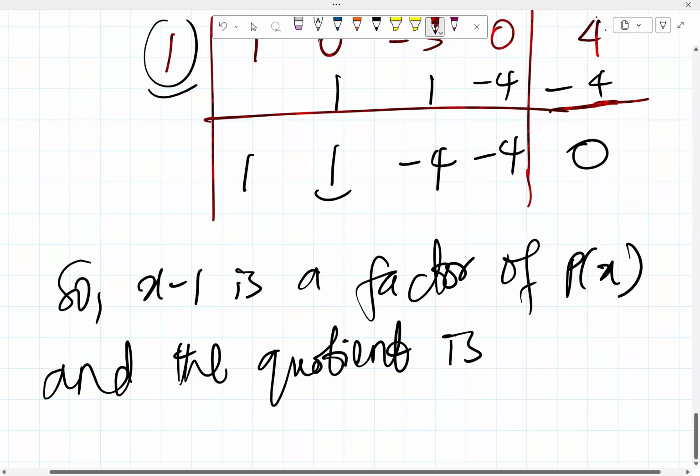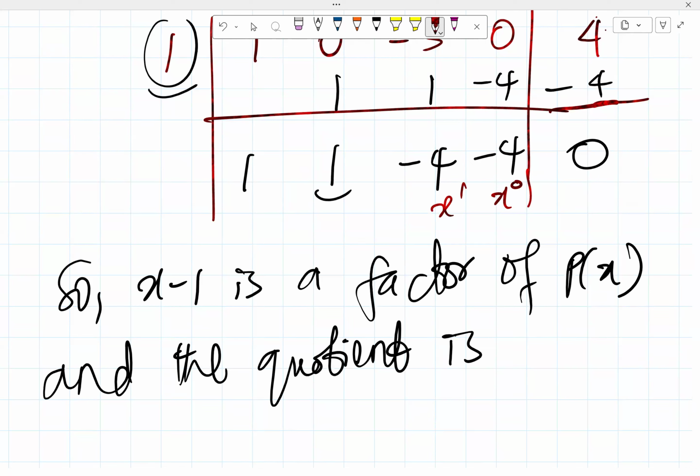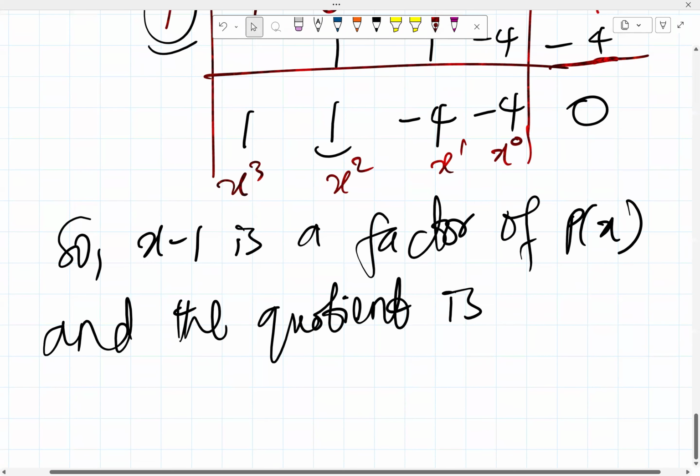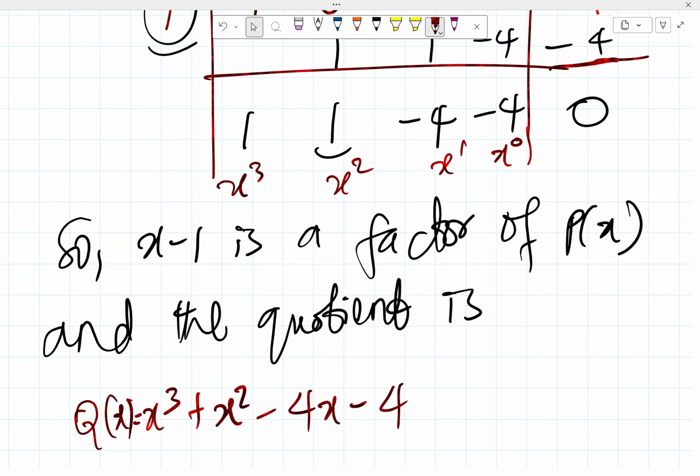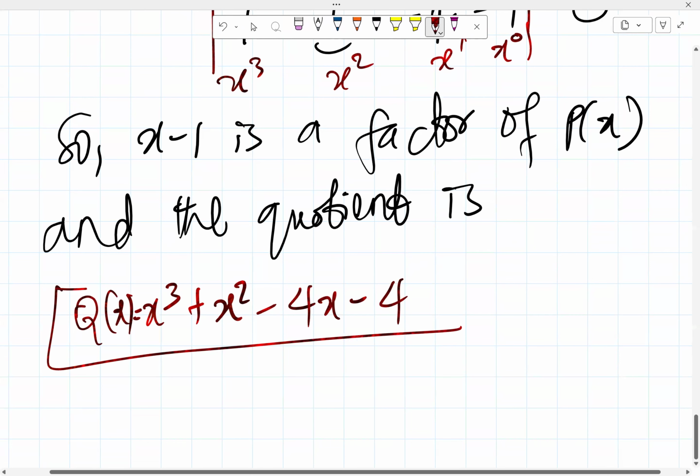So start from here. X raised power 0, x raised power 1, x raised power 2, x raised power 3. And the quotient, we can say that's q of x now, and q of x is x cubed plus x squared minus 4x minus 4.